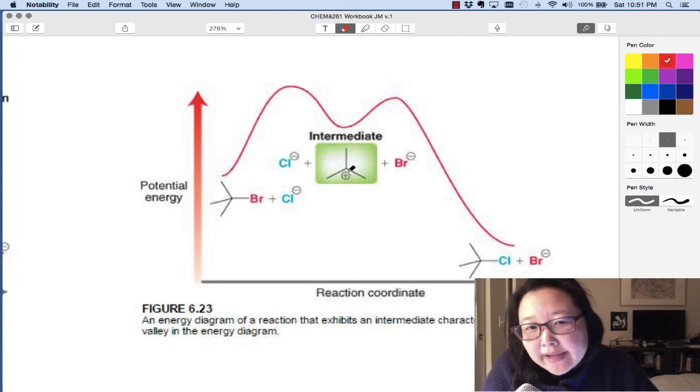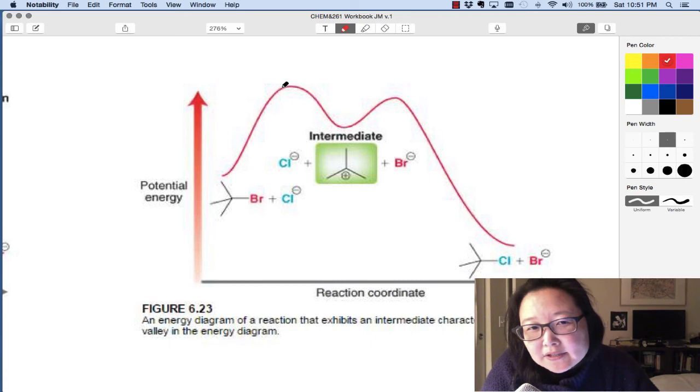And then the chloride comes on, and we make this molecule. So what's happening here is we get an intermediate, which is this carbocation, which later we can react to see a chloride being attached here. And there are ways that we can know that this exists.